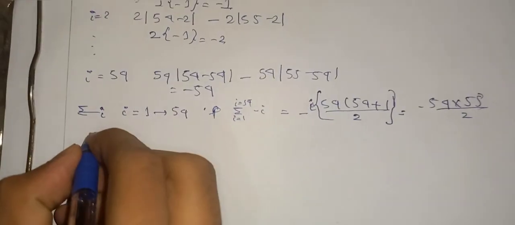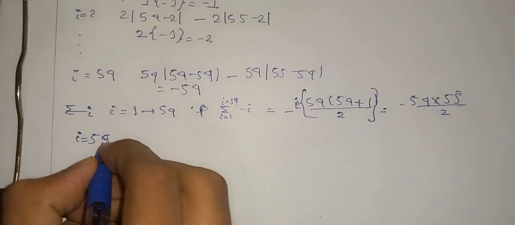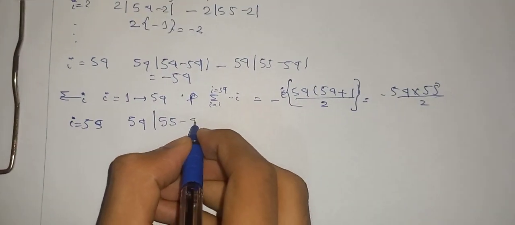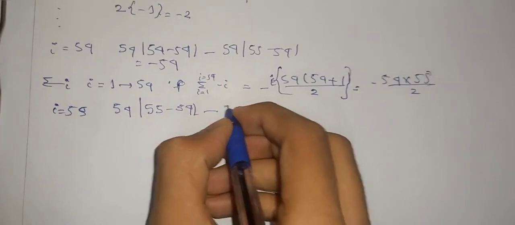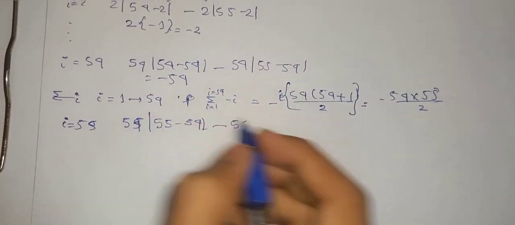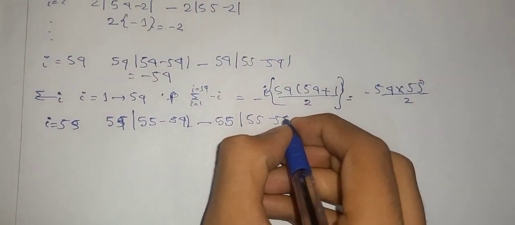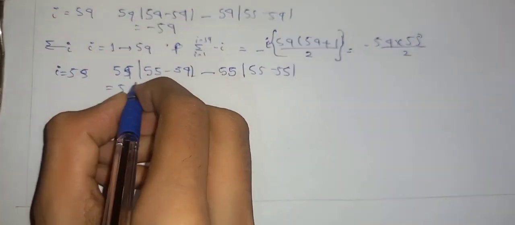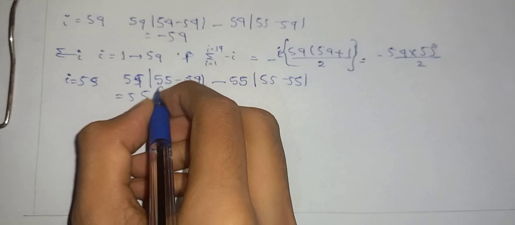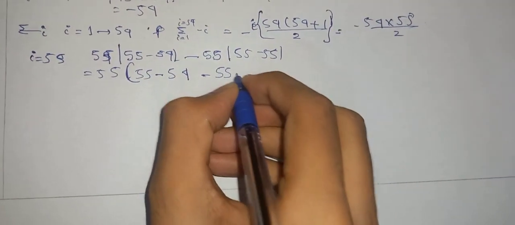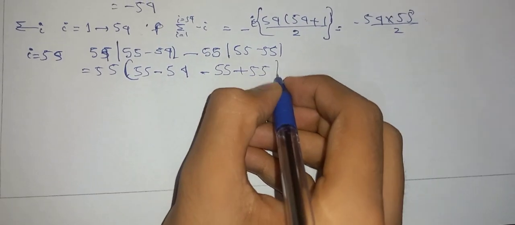Now what if we did for i equals 55? So for i equals 55, we have this part as 55 times (55 − 54) minus 55 times (55 − 55). Now here you see it is 55 minus 54 minus 55 plus 55.